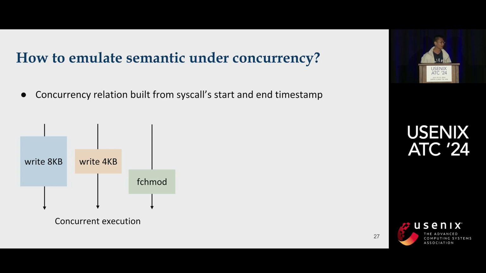You don't know any other information. And then how could you know the execution result, right? Because their executions are overlapping. Then in this case, how could we emulate the semantics?